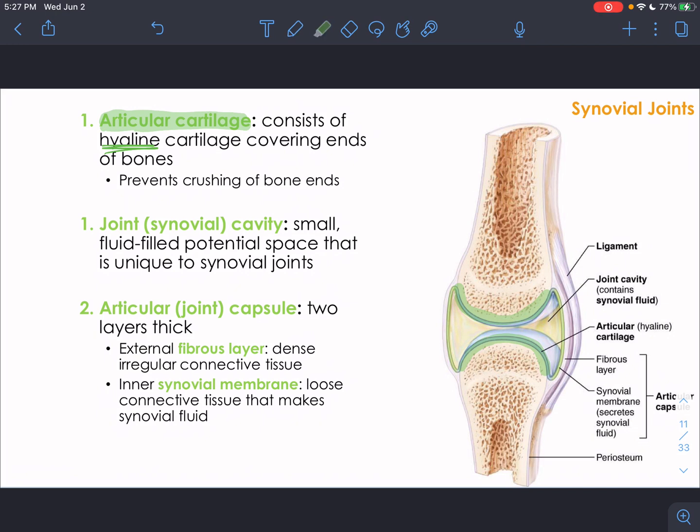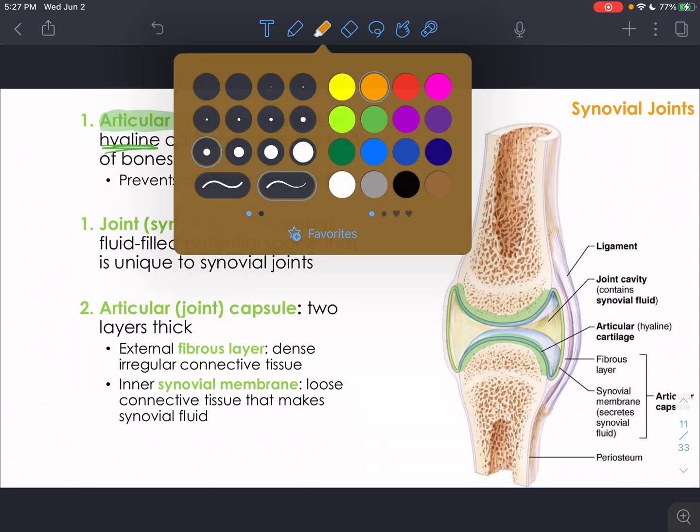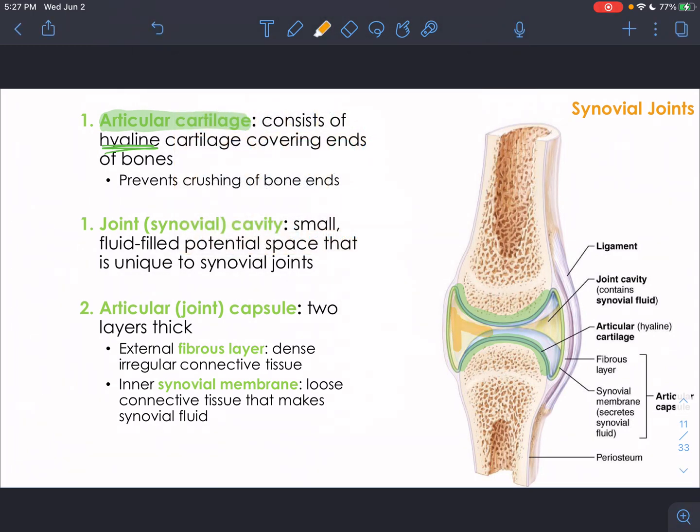Okay, all synovial joints are going to have a synovial cavity. So this space in the middle between these bones is the joint cavity. It's going to be a small fluid-filled space that, again, is going to be unique to synovial joints. So you're not going to find it in any of the other joint types. Okay, so it's going to be fluid-filled in that space.